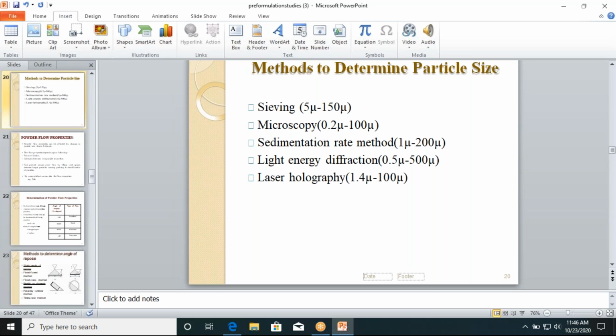The same principle is used when you go for the sedimentation rate method. So Stokes law will give you a relationship between the rate of sedimentation of the particle in a fluid medium and the size of the particle. And this covers a range from around 1 micron to 200 micron, and sometimes even up to 250 micron.